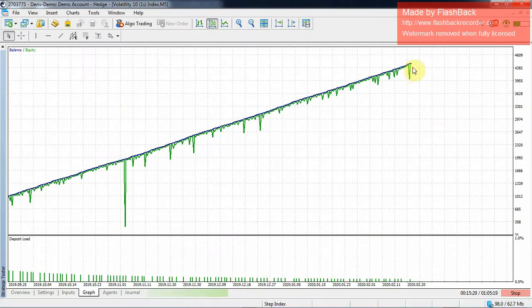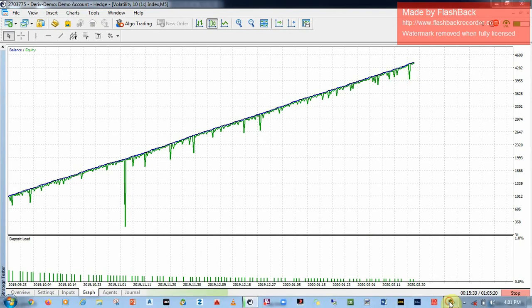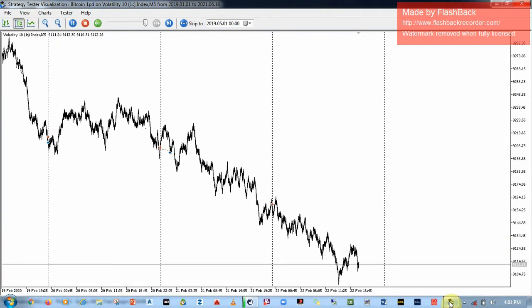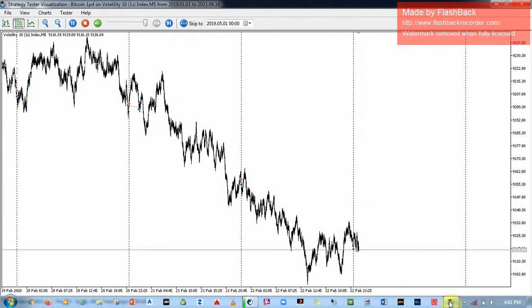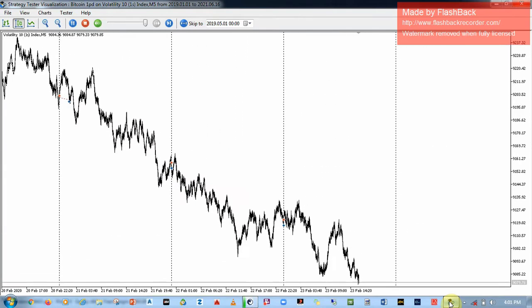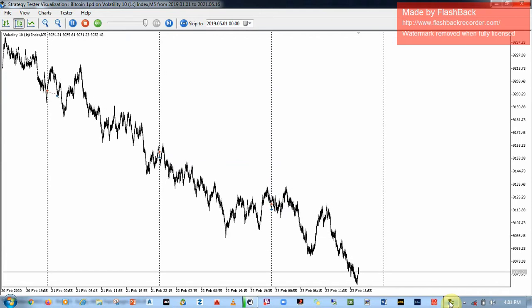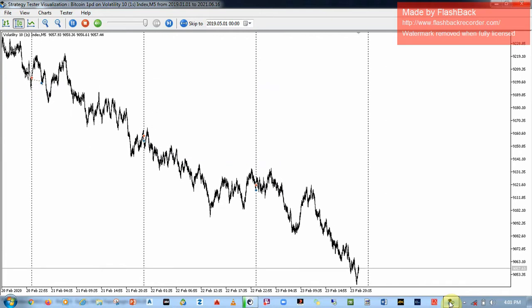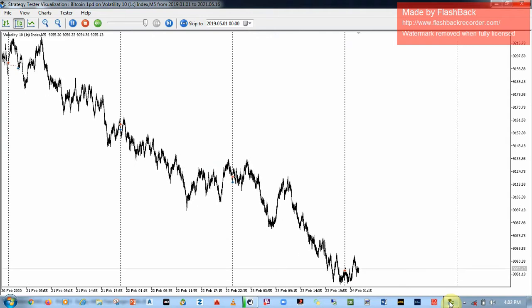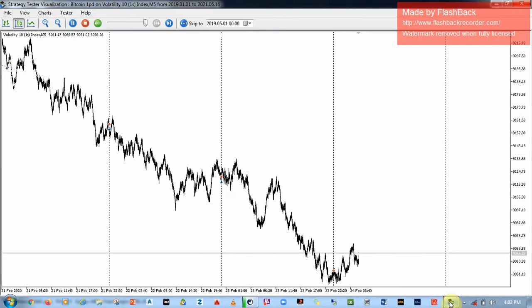That's a small drawdown we had there. Let's watch and see how the balance line will look at the end of the backtest.